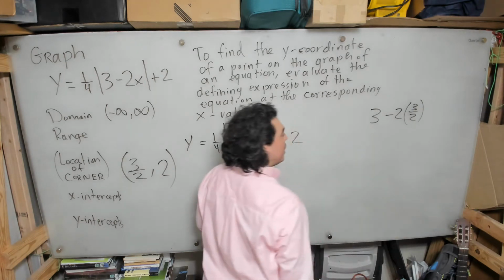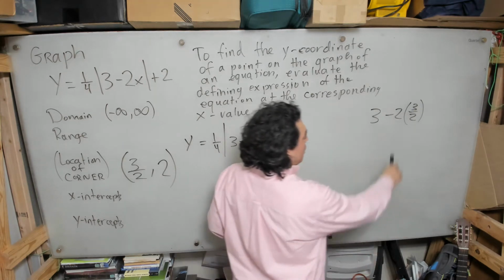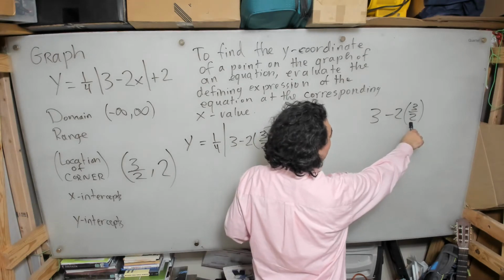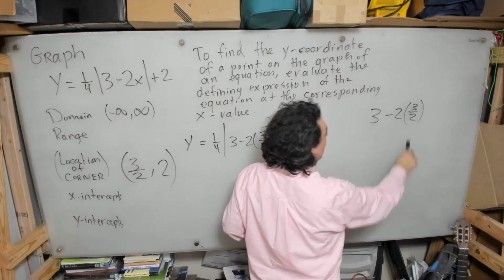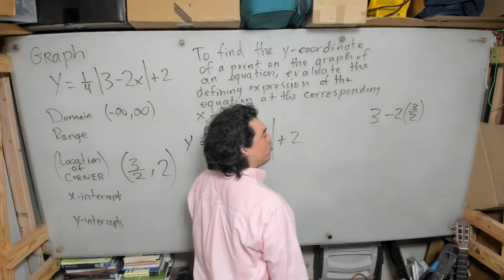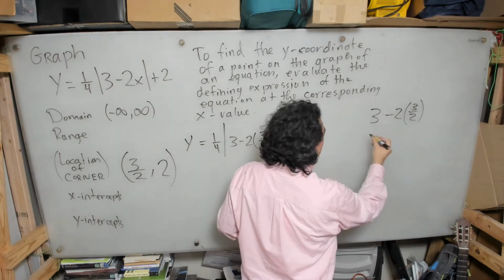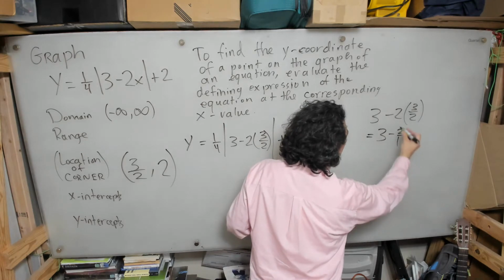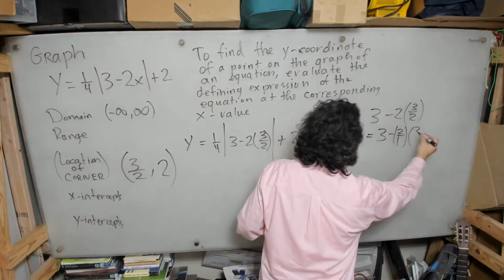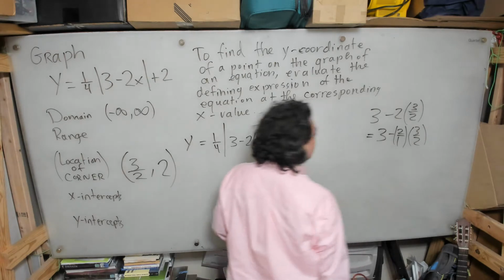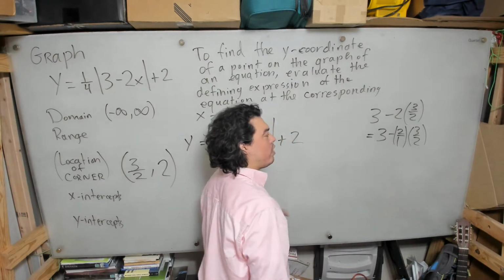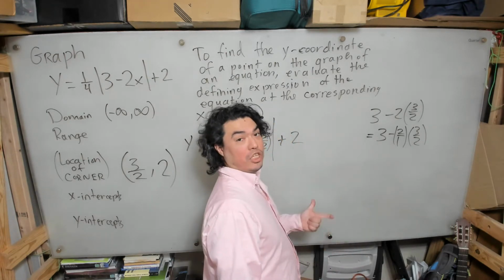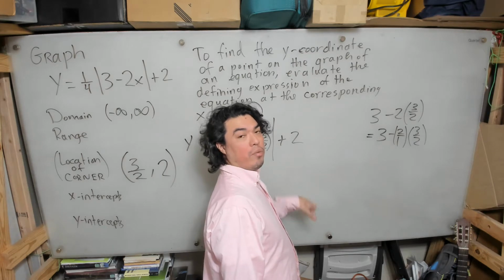The first thing I observe is that this is a whole number and I'm multiplying it with a fraction. So I'm going to rewrite this whole number as a fraction. I can say this is 3 minus 2 over 1 times 3 over 2, right? How did I do that? Whenever I have a whole number, I can write it as a fraction by setting it as the numerator and 1 as the denominator.